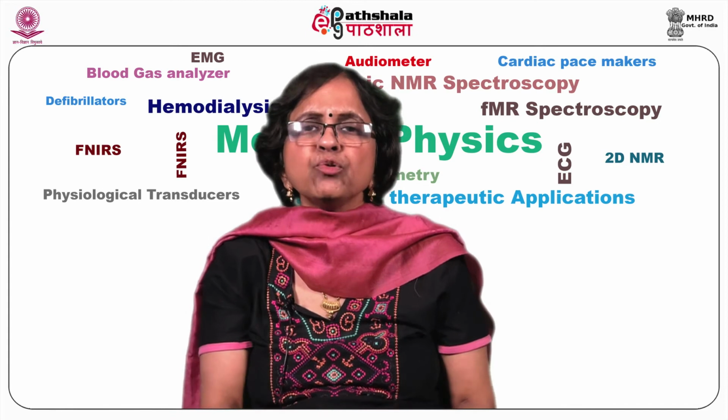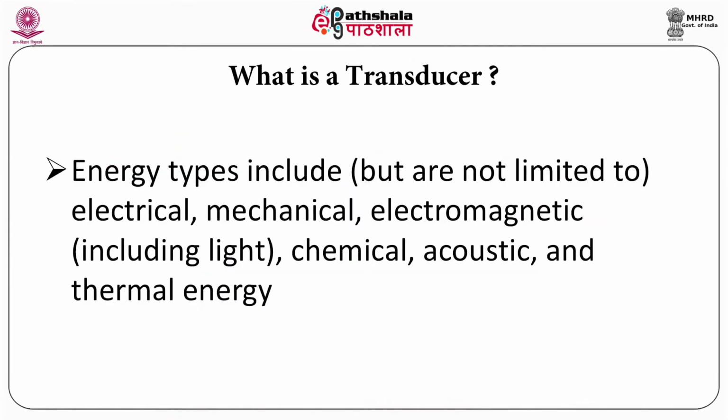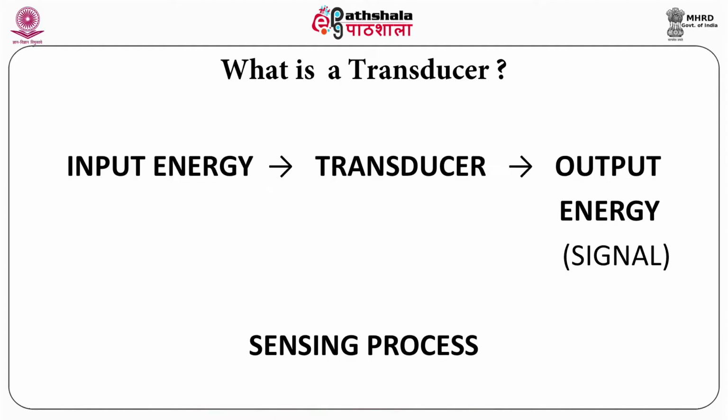The energy types, not only limited to these 2-3 that I am mentioning, include electrical, mechanical, electromagnetic, including light, chemical, acoustic and also thermal energy. So all these energies can be converted.